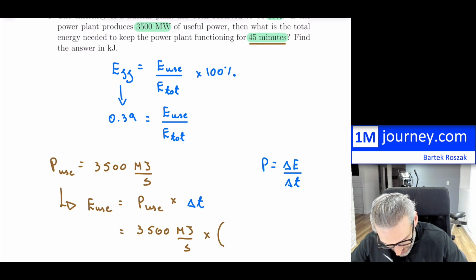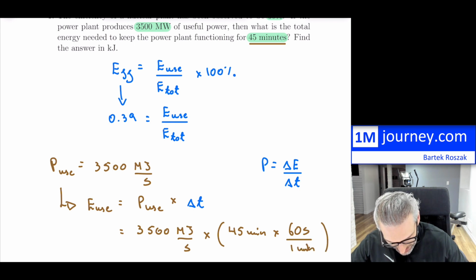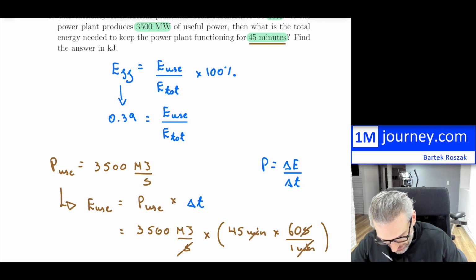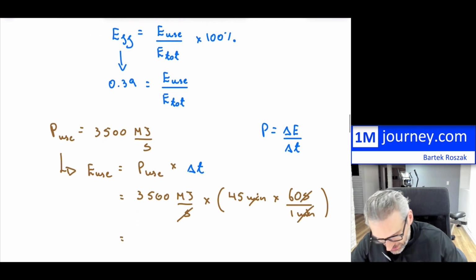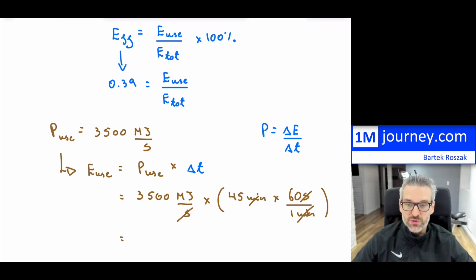So it's 45 minutes. Now, of course, you're going to have to multiply this by 60 divided by 1 minute because it's per second, so the seconds have to cancel. And then you are going to obtain the total amount of the useful energy.